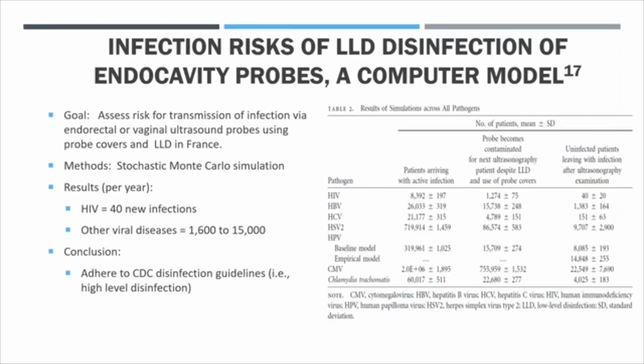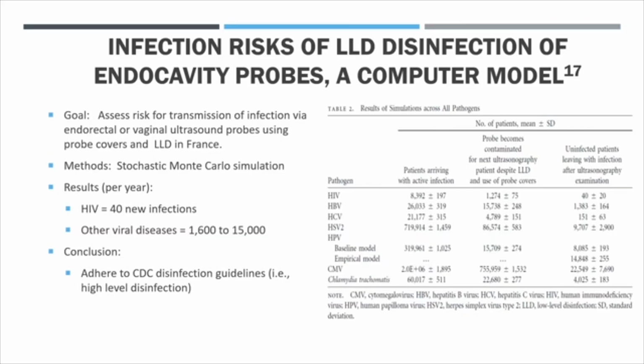Now, again, infection risks of low-level disinfection of endocavity probes. This was a computer model. The goal was to assess risk for transmission of infection via endorectal or vaginal ultrasound probes using probe covers and low-level disinfection in France. I was a co-author of this study. The method was a stochastic Monte Carlo simulation.